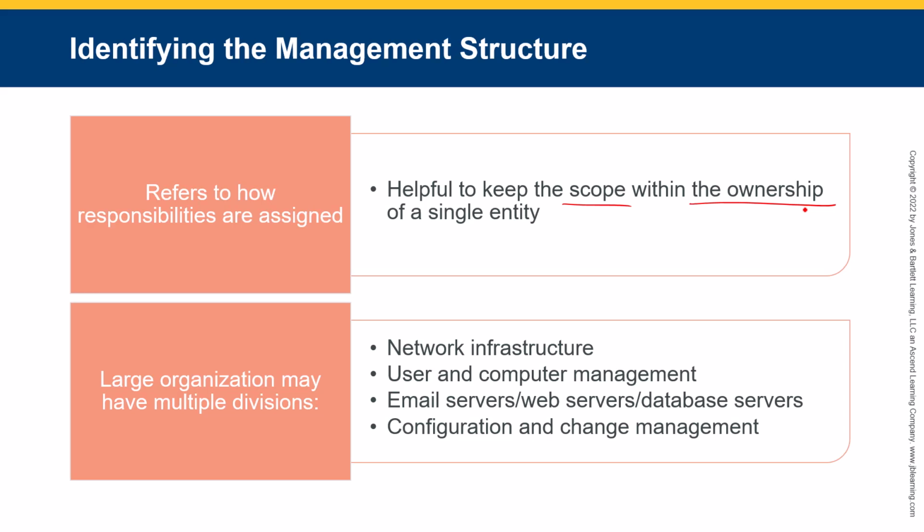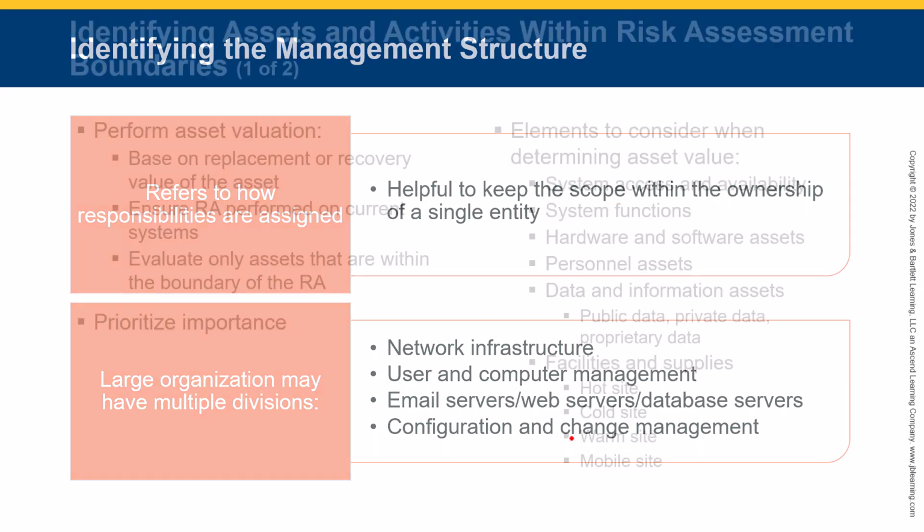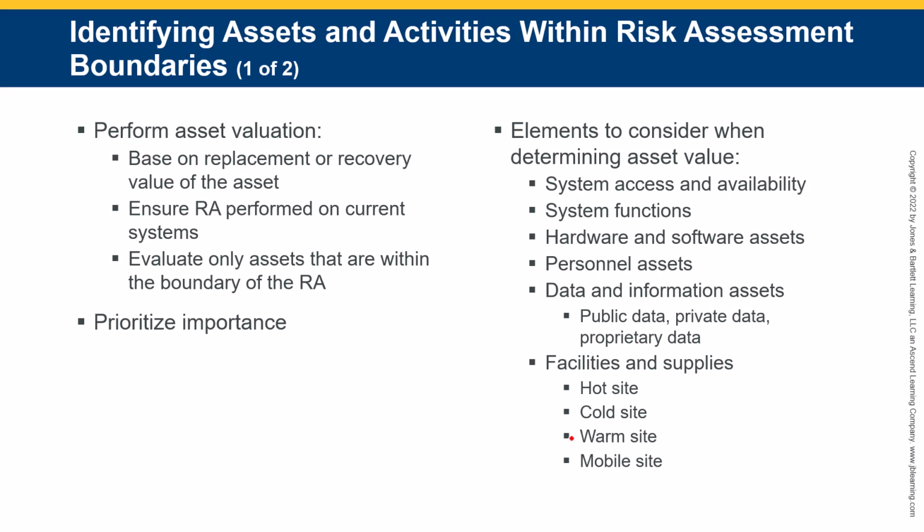The larger organizations might have a varying level of complexity. Infrastructure, end-device management, servers, configuration management. There's a lot more things within a larger organization because they might have multiple divisions and additional resources to actually aid in appropriate separation and segmentation and best practice for overall structure.